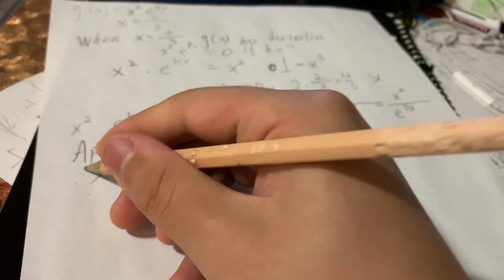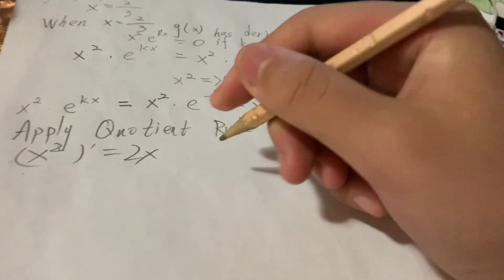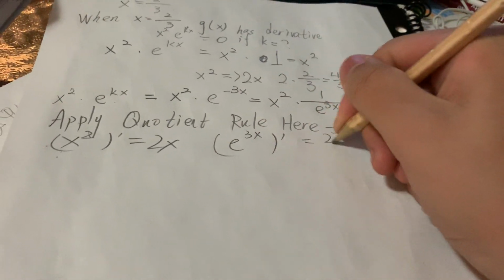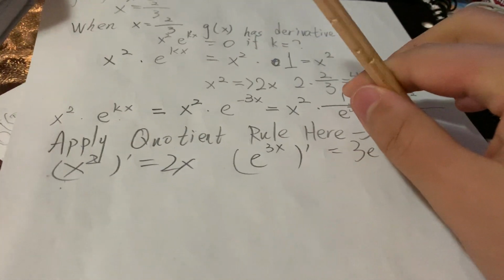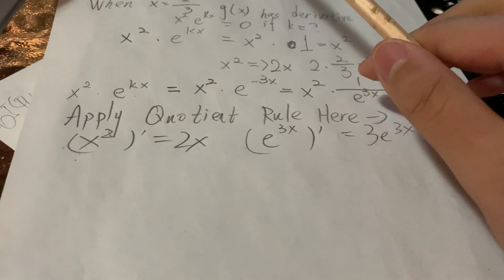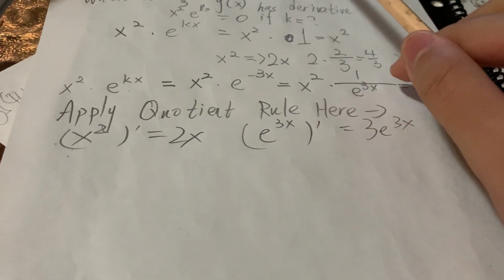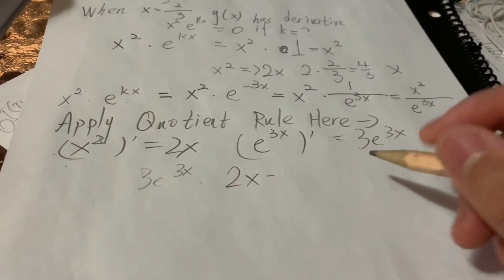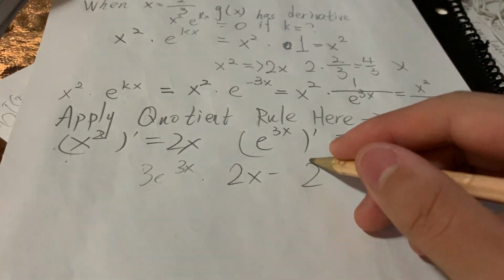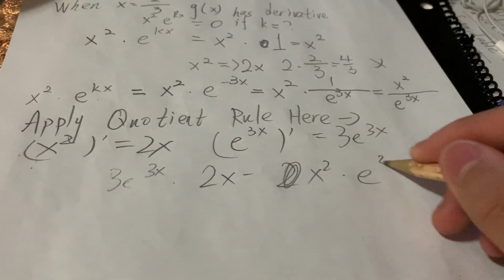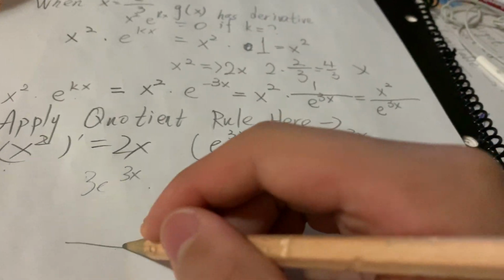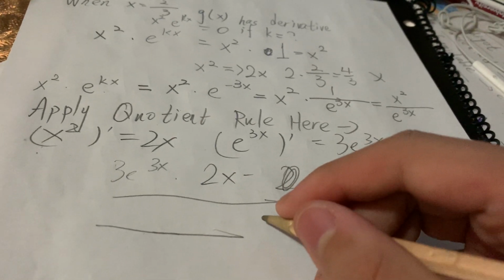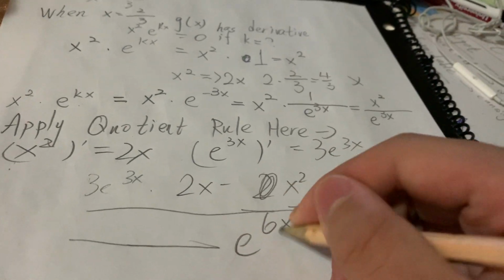X squared, the derivative of x squared is 2x, and the derivative of this should be equal to this. So we apply the quotient rule here: 3x times 2x minus 2x, x squared times e to the 3x, divided by g squared, which is e to the power of 6x.